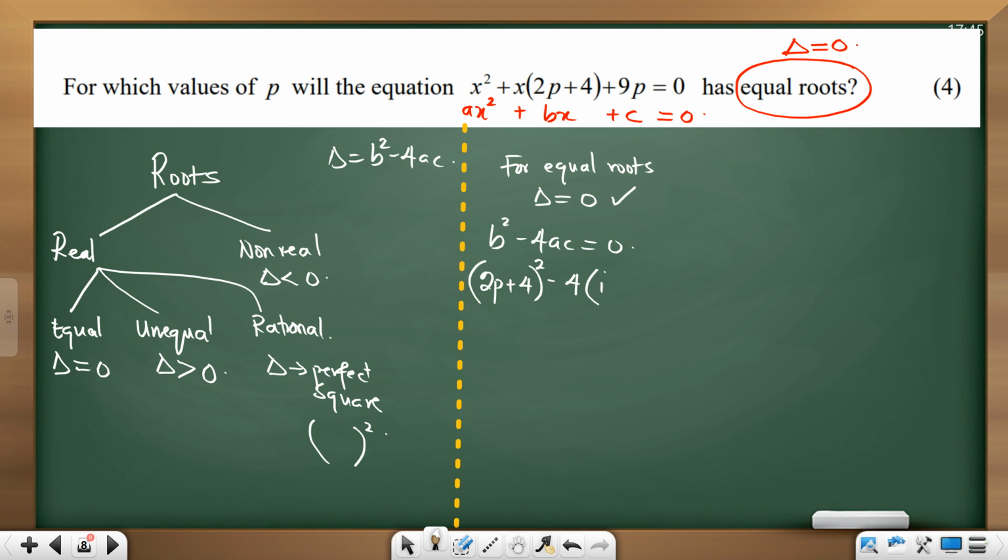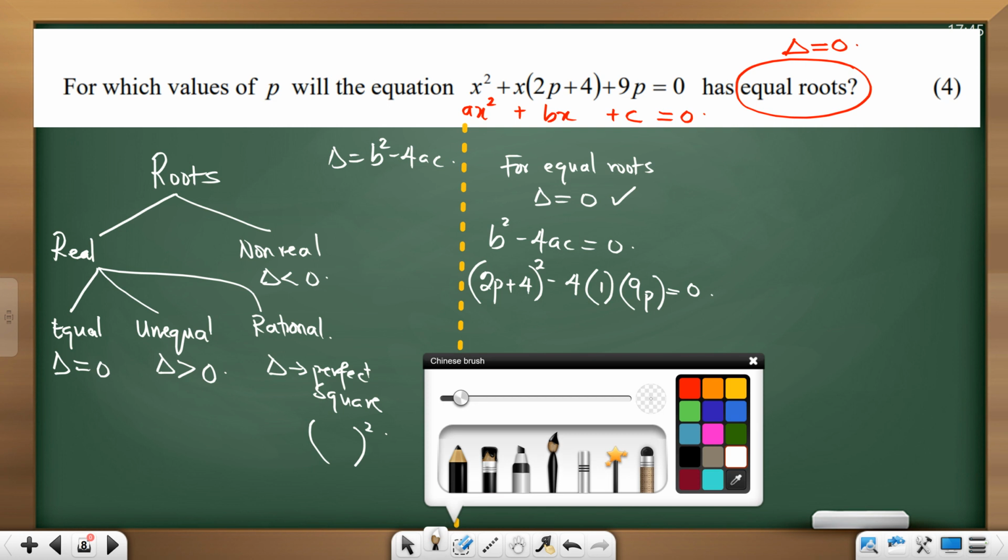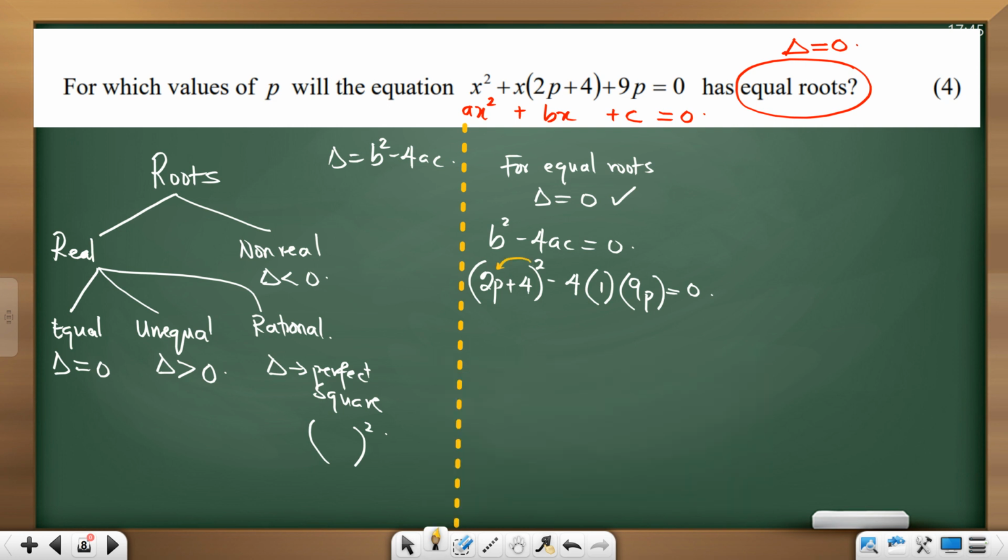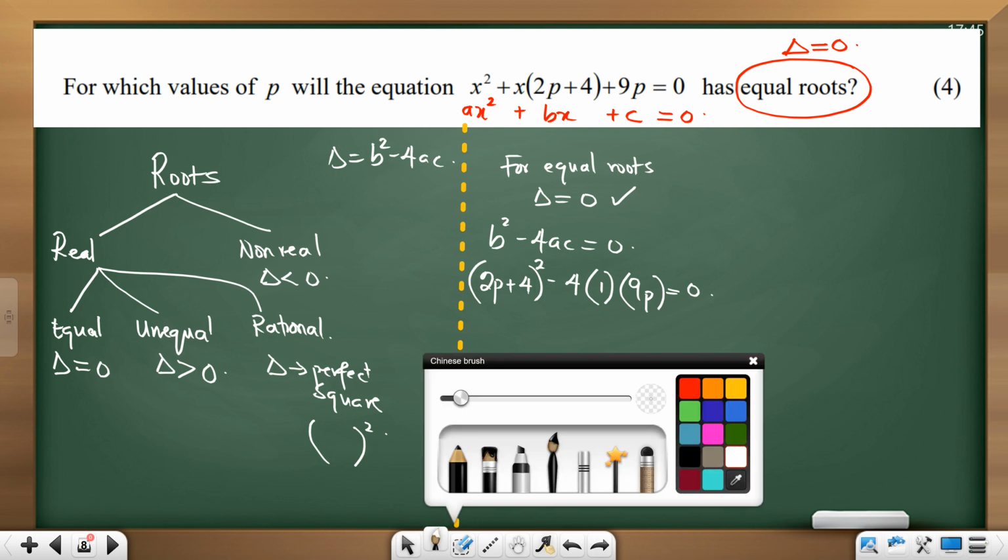What is our a? 1. What's our c? 9p. Please, very important there to be able to separate your a, your b, and your c. And please, I know out of pressure, some of us still distribute. That is, I don't know what to say there. We don't distribute.